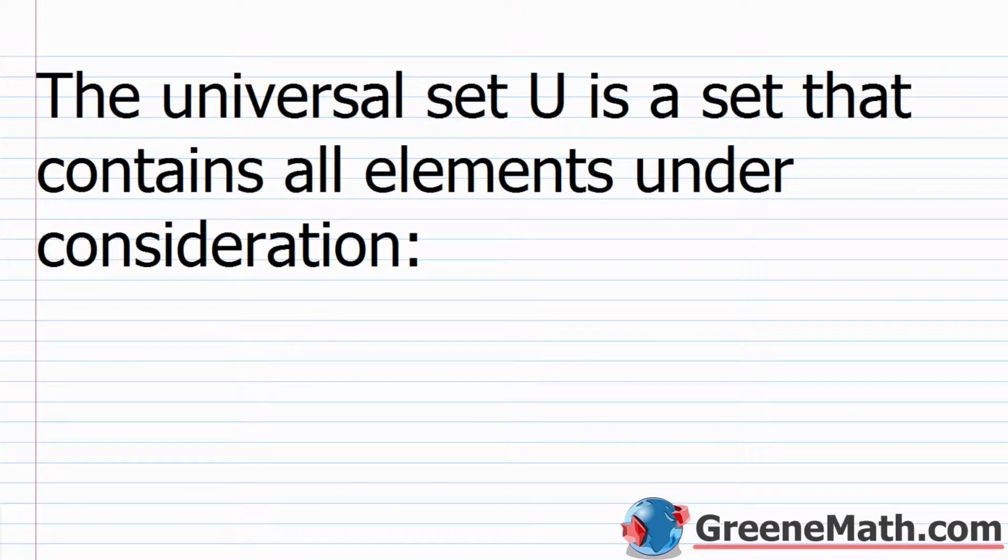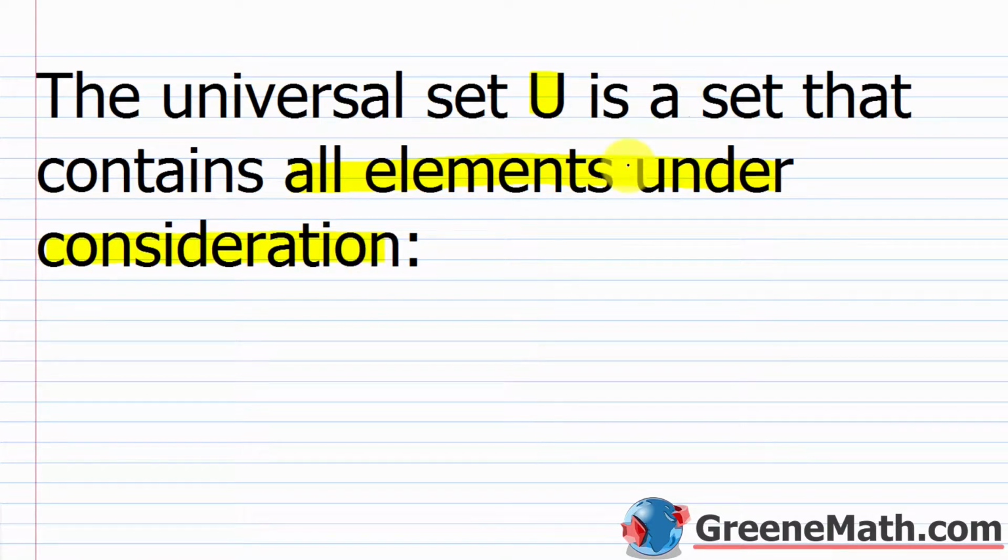So another important concept would be that of the universal set. So this one's a little bit difficult to wrap your head around at first, but after you practice a few of these you can really understand. So the universal set, which is generally denoted with a capital letter U, is a set that contains all elements under consideration.